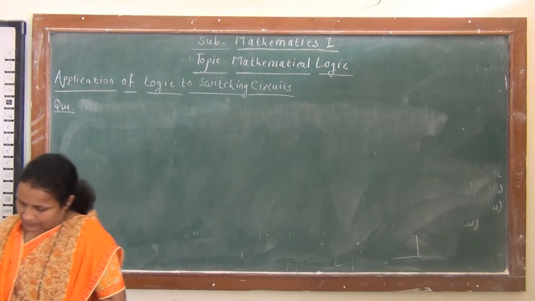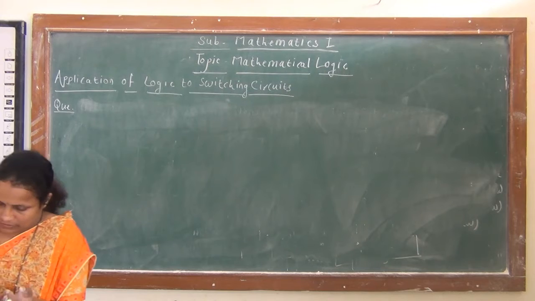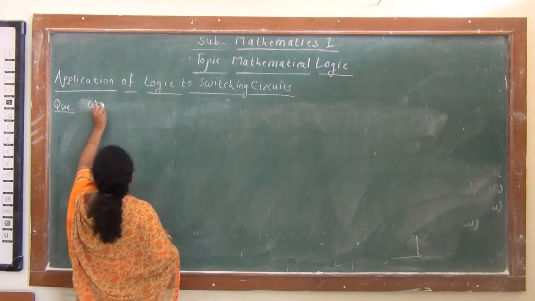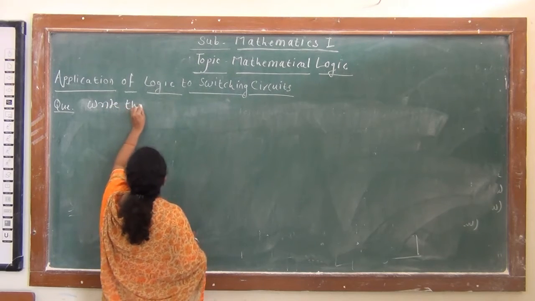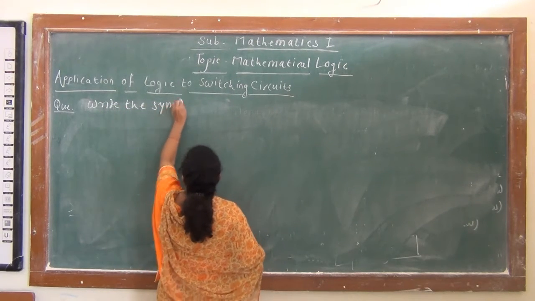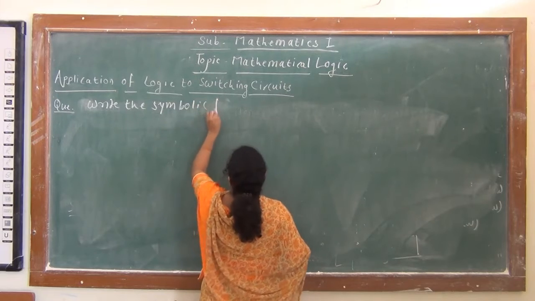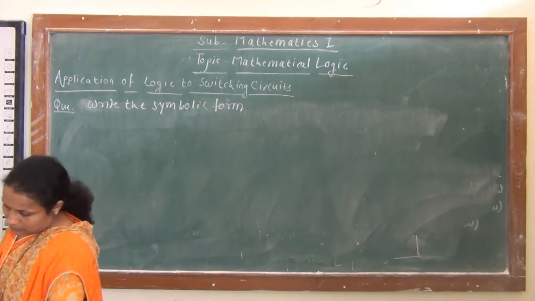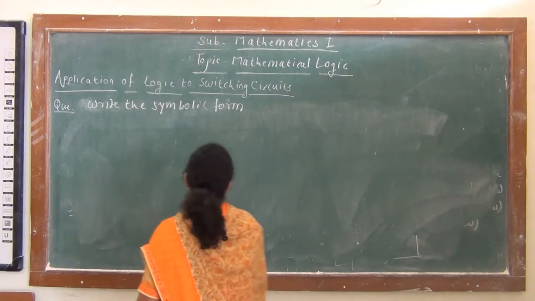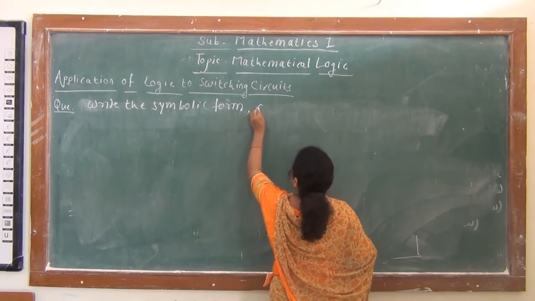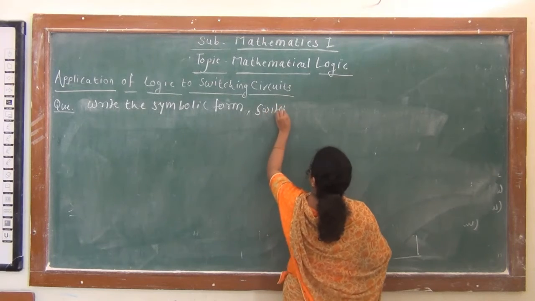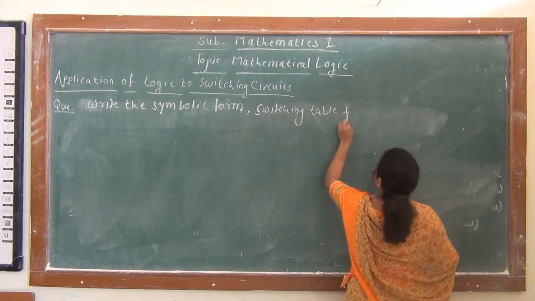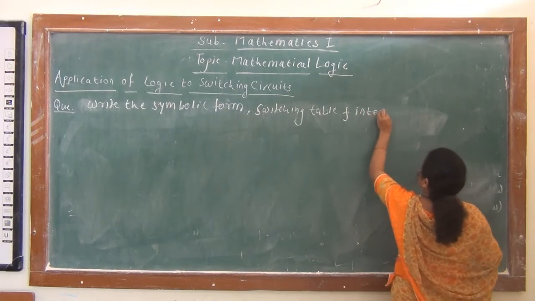So next question is: write the symbolic form, construct the switching table, and interpret it.